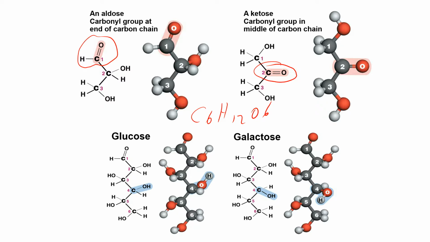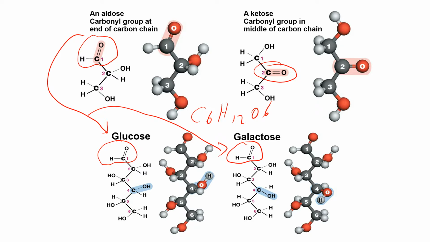Why exactly are they isomers? When you look at glucose and galactose, they are both aldose sugars.